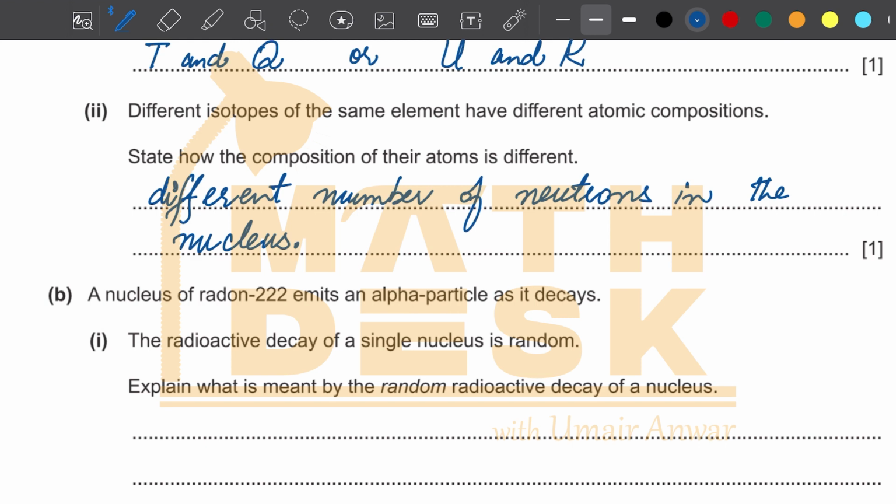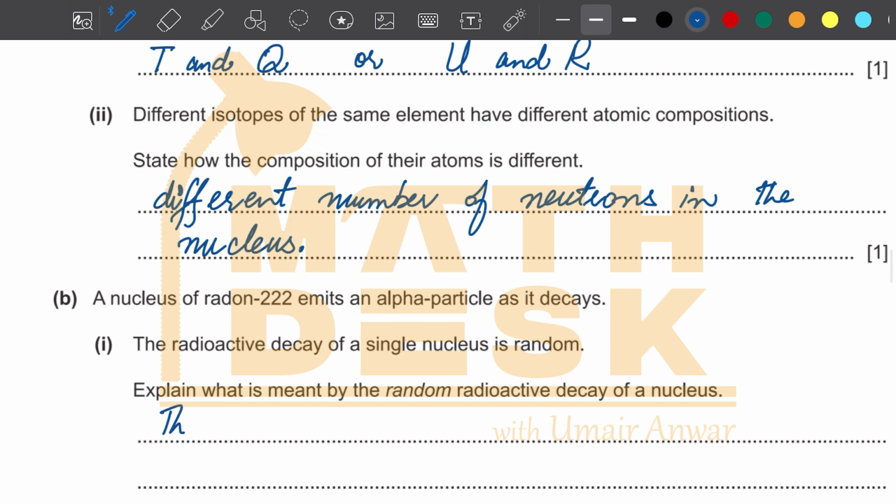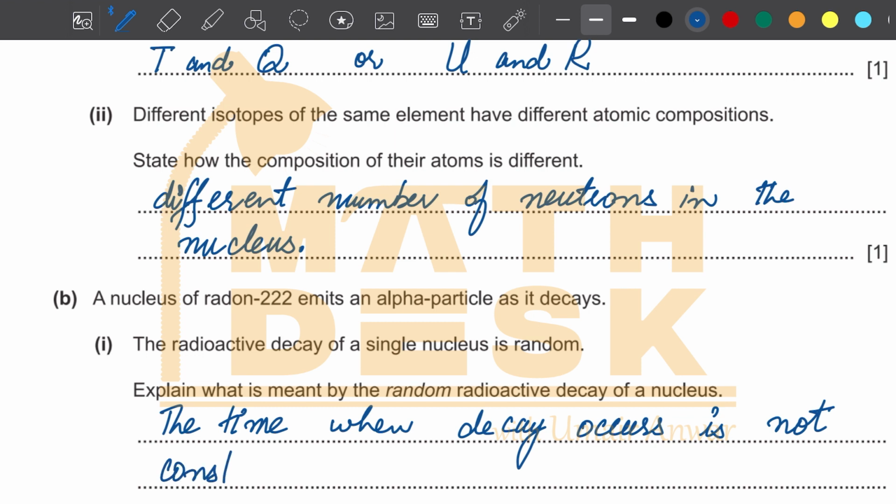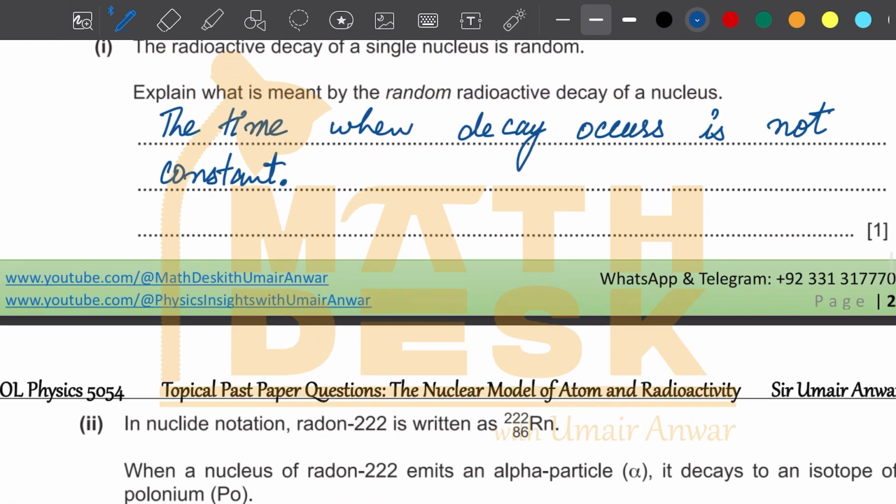So randomness could be described as the time when decay occurs is not constant. So it can occur anytime without any pattern. That is why the radioactive decay is random.